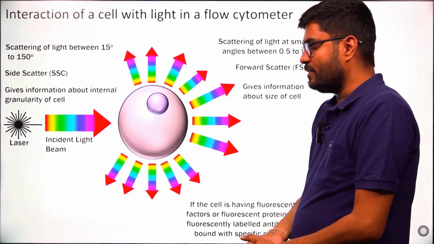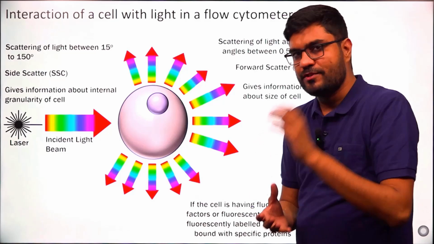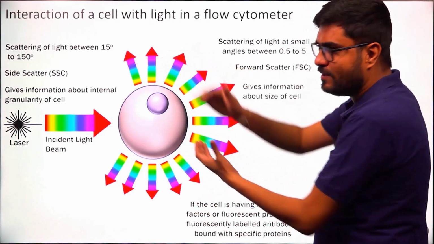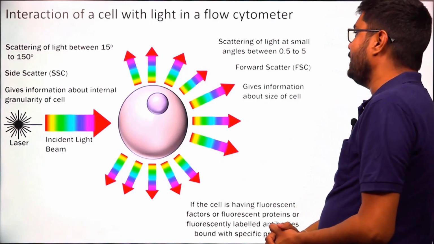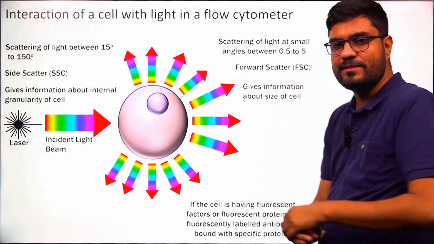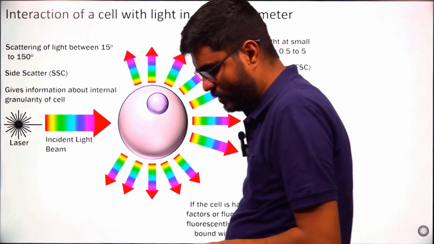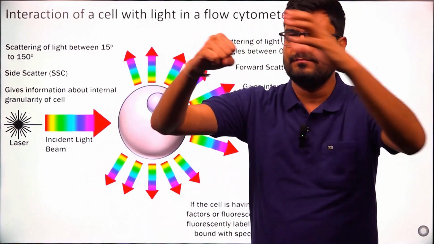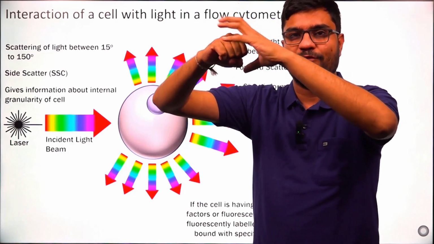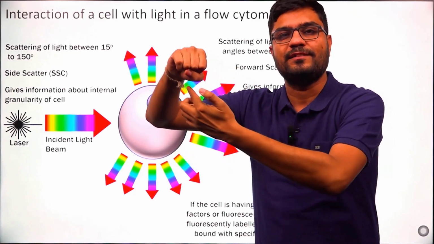Now, the light can interact with the cell in three manners. The first manner is that the light can scatter from the edges of the cell, and the angle of the scattering is between 0.5 to 5 degrees. We call it forward scatter. The light comes, interacts with the cell, and is scattered between the angles of 0.5 to 5 because of the edges of cells.